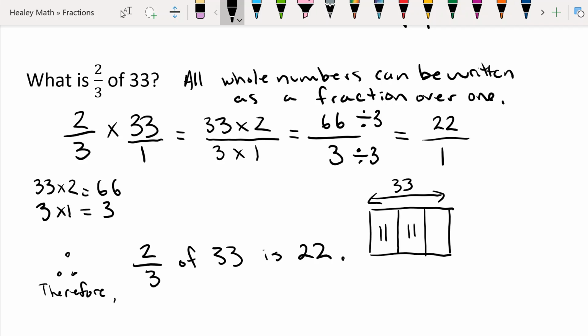So that would mean that 2/3, this is 2/3, well, that has to be 22.